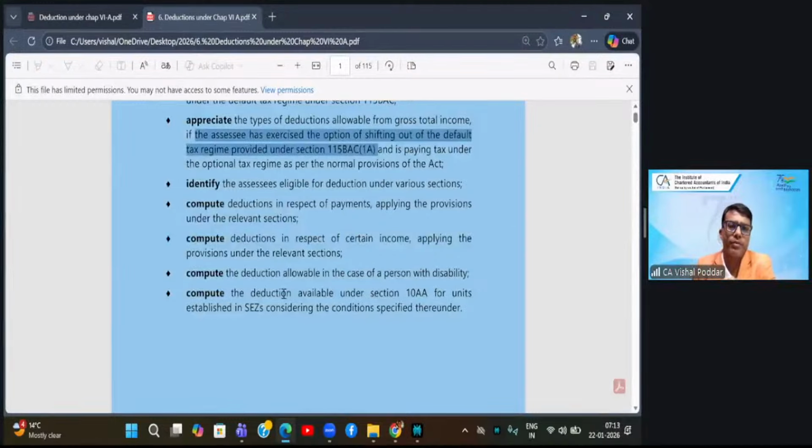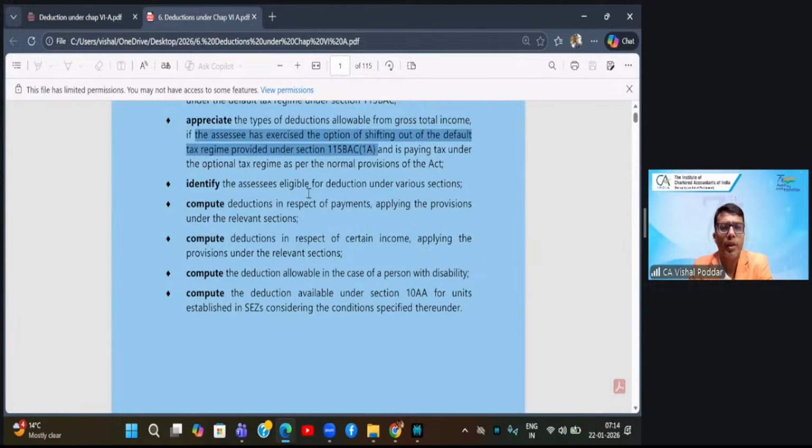So till the old and new regimes are going on, this chapter is there. The moment the government decides to discontinue the old regime, which may be 2 years, 5 years, whatever, after that you will not have deductions of this entire chapter, except those three, or if in future the government wants to add something.